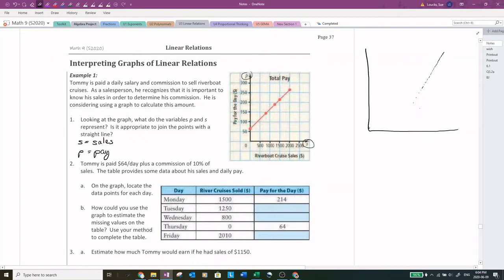Given that any line is a series of dots, sometimes whether we can connect the points depends on how close together the dots would be. Let's look at a couple of examples.